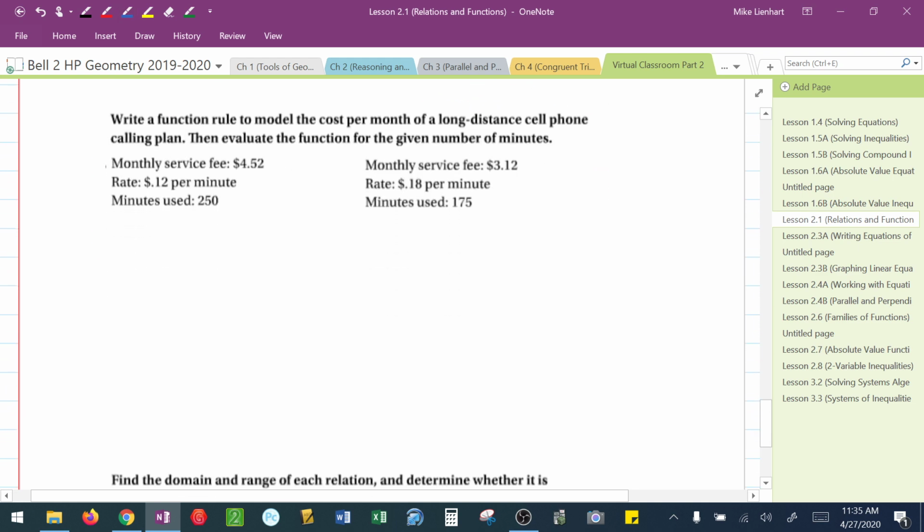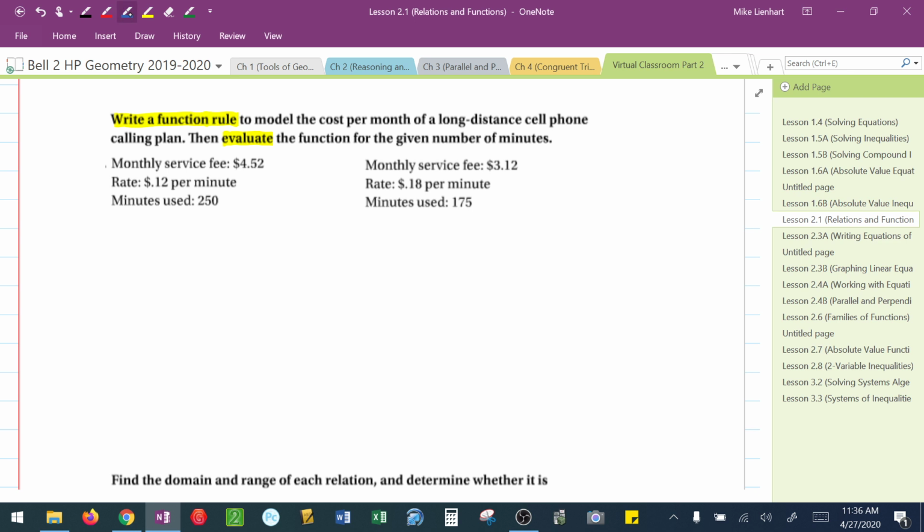All right, next thing that we want to talk about here is how do I write a function rule to model the cost per month of a long-distance cell phone calling plan. And after I write the function, notice there's two things to do here: write a function rule and then evaluate it for the given number of minutes.